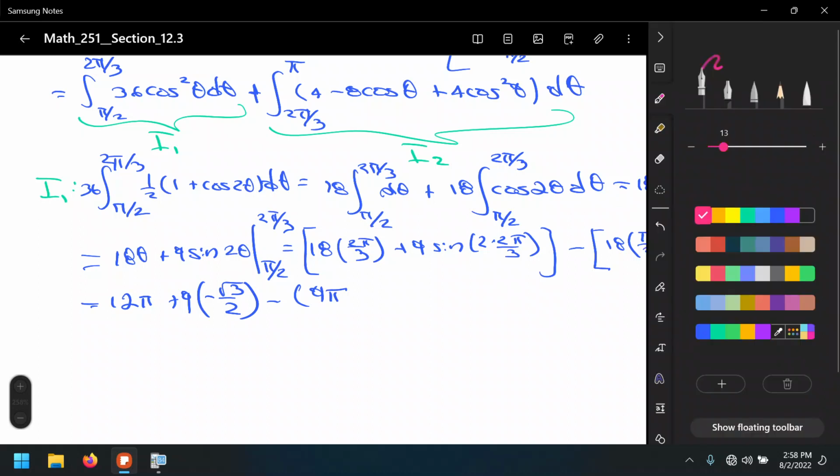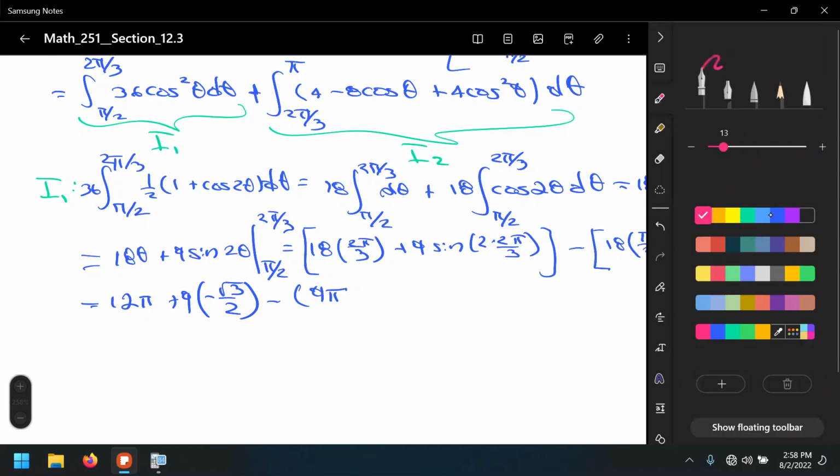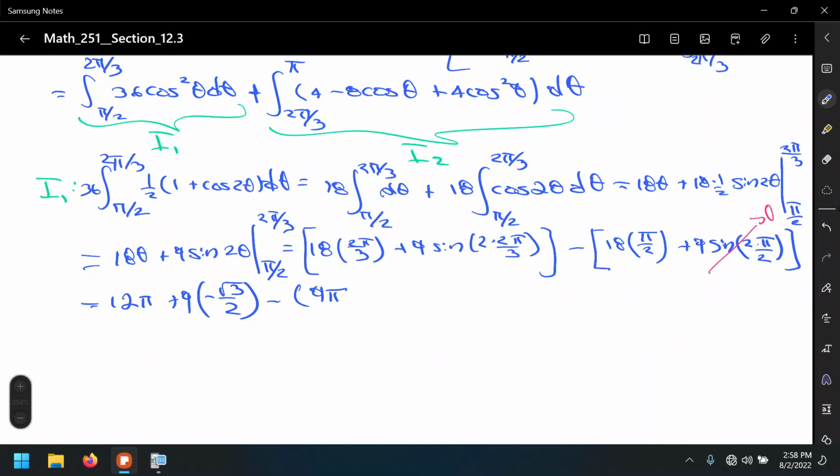And this term is the only one that's going to go to 0, plus 9 times 0. Let me make this look like a 0. Perfect. So we're going to end up with 12 pi minus 9 pi. How many pi's is that? Is that 3 pi?